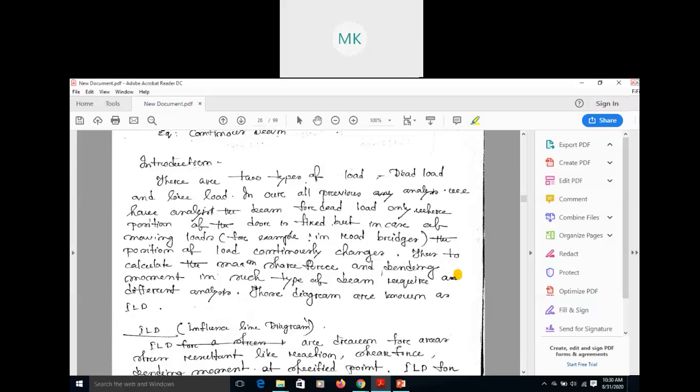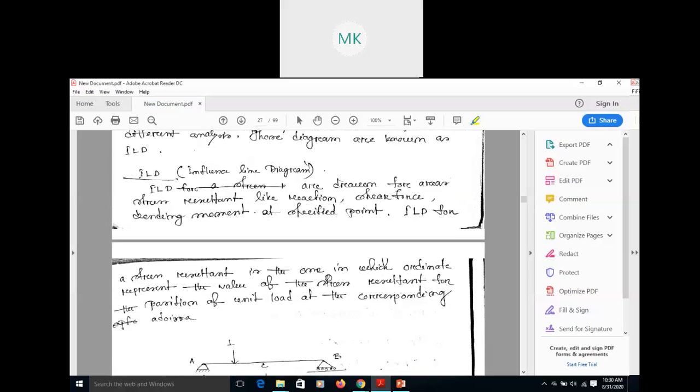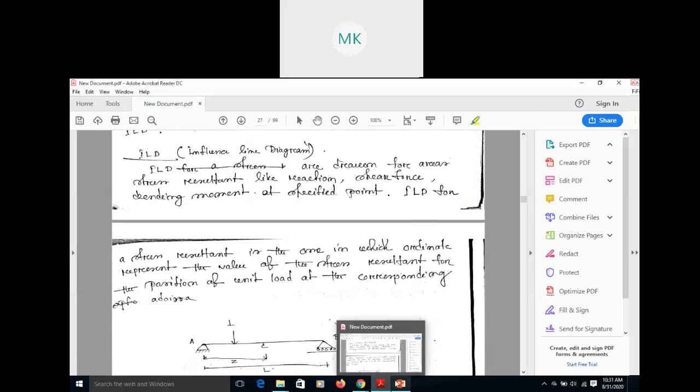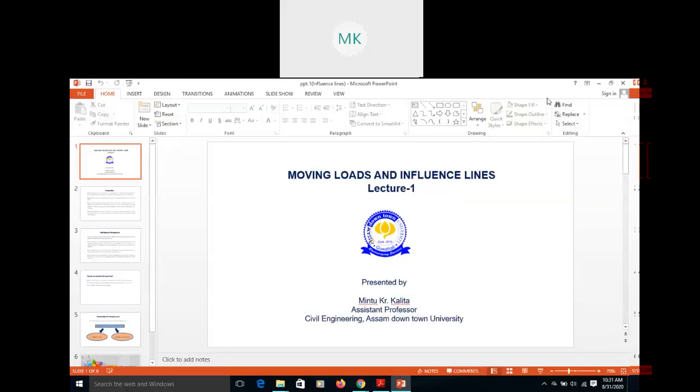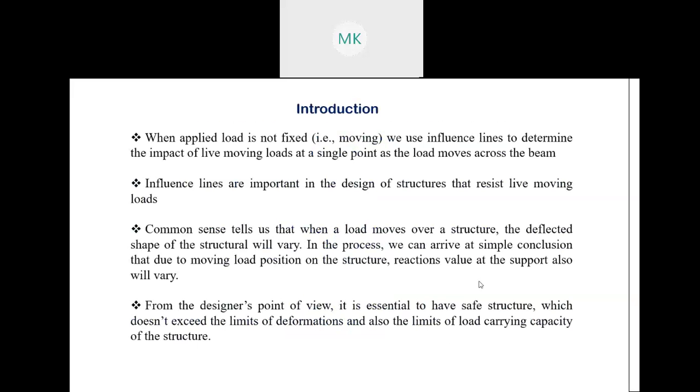So we need to calculate shear force, bending moment, everything. And finally, we need to draw the ILD. ILD means influence line diagram. Okay, this is a simple introduction part. Basically, ILD is about moving loads.